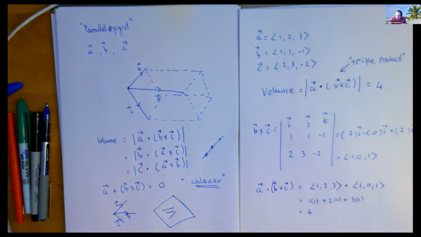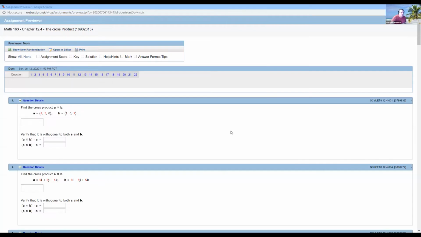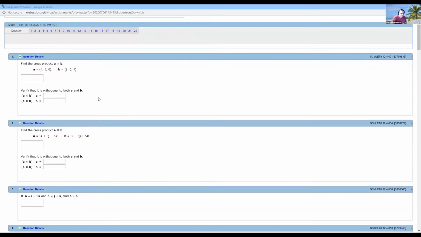Okay, let's have a look at some of the homework questions. I think I got it set up here. Here it goes. Okay, so this is us looking at 12(4), the cross product. In question 1, it's a classic. Here are 2 vectors, find the cross product, and then check it out.